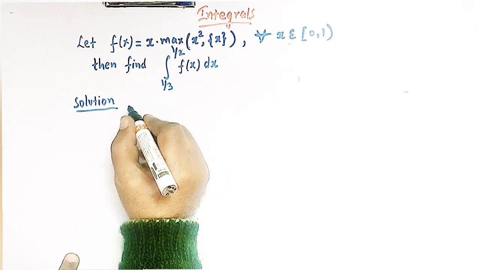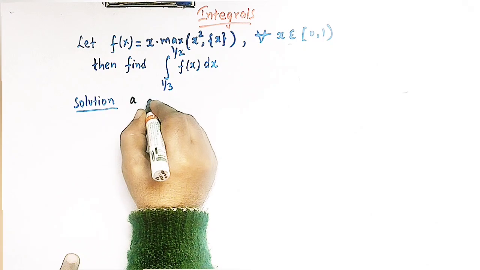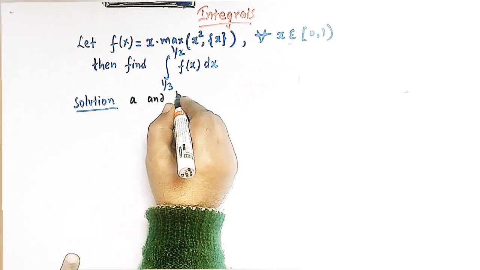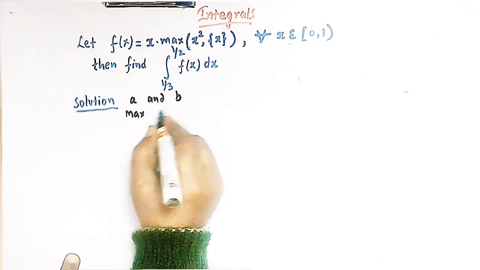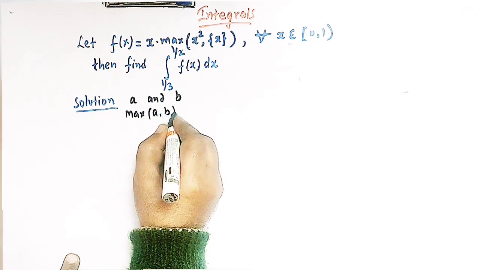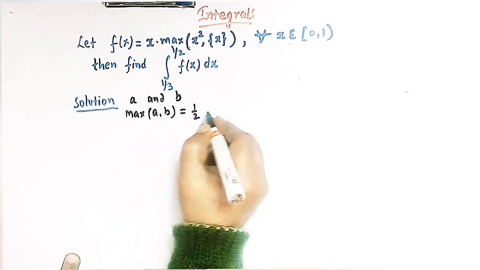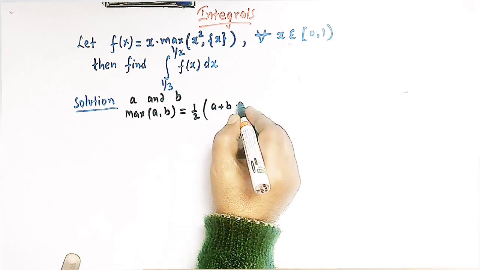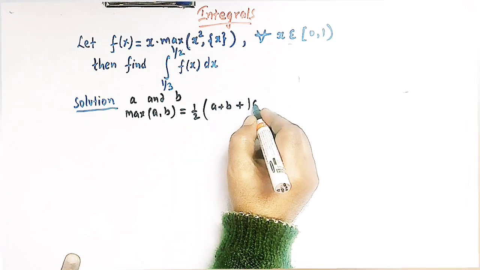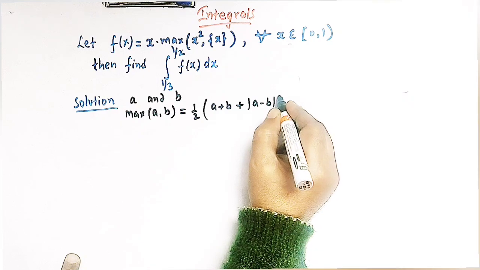So now consider two quantities a and b. And the maximum out of a and b is given by half of a plus b plus absolute value of a minus b.